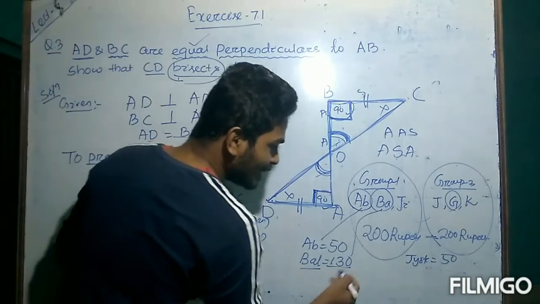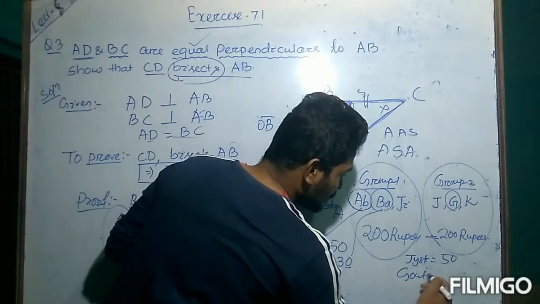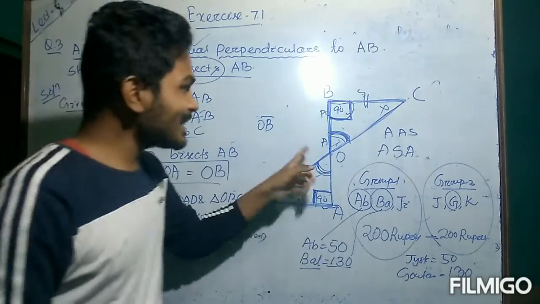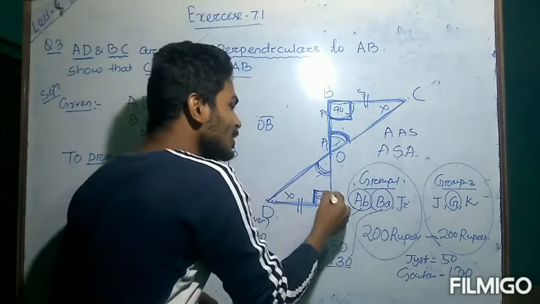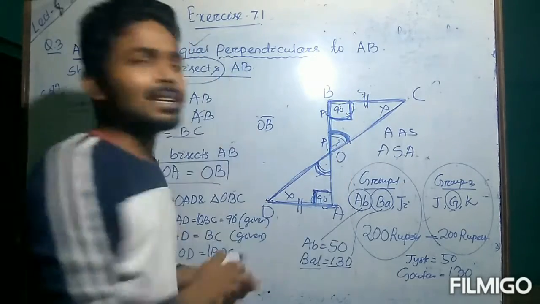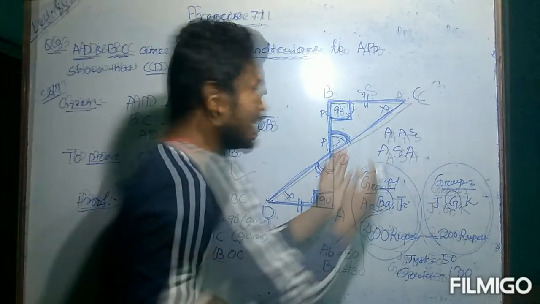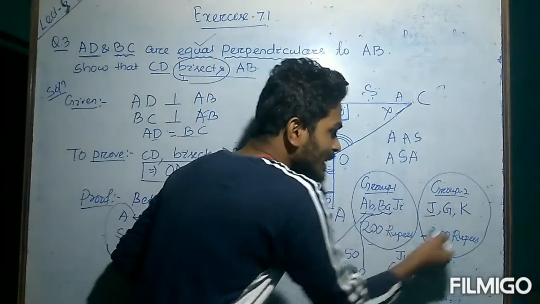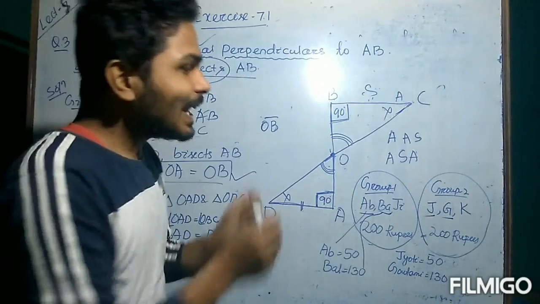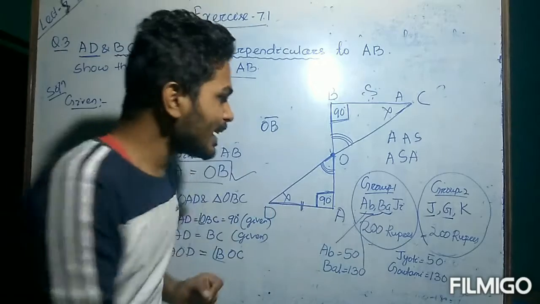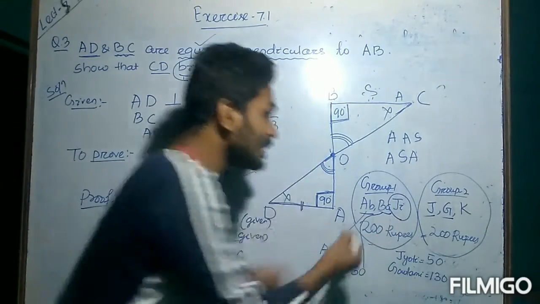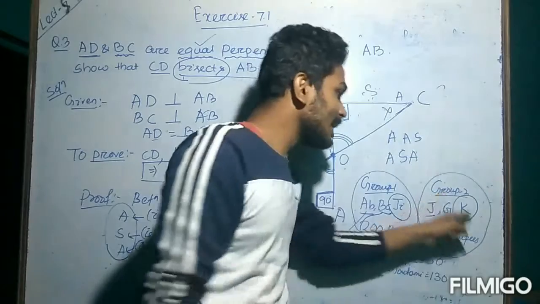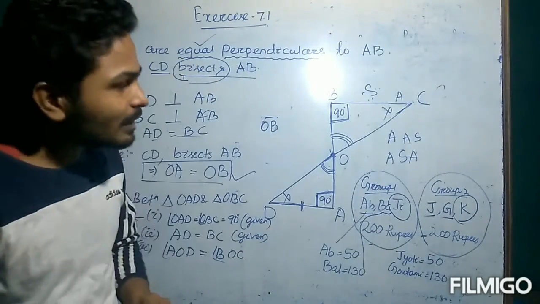Since Balram has 130 rupees, Gautami also has the same. Like this, see, in this triangle, this angle is equal to this angle, and this angle is equal to this angle. Similarly, in these two groups, the money with Abhay and Balram is equal to the money with Jyoti and Gautami. Now, can we say that the amount Jitendra has is equal to the amount Kishori has? Can you tell this?